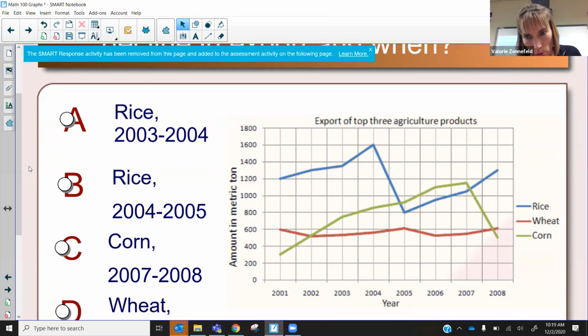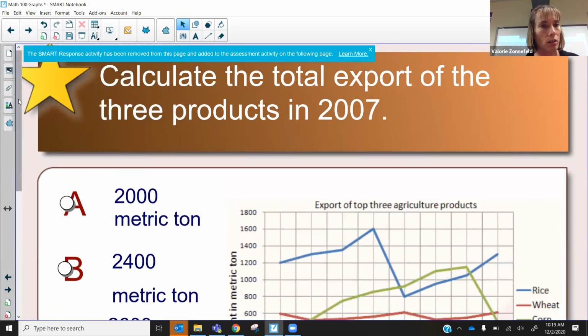Yeah, B is correct. Rice had this big decline right here from 2004 to 2005. They struggled. I don't know why. I'm kind of curious what went on in the world there, that there was a sharp decline. Maybe tariffs, I don't know.